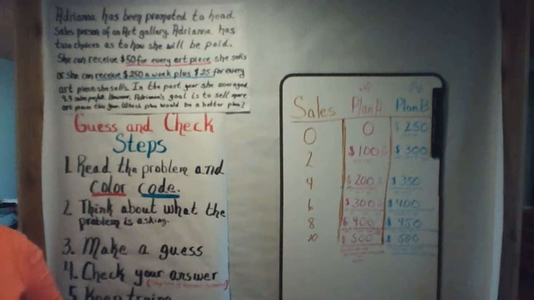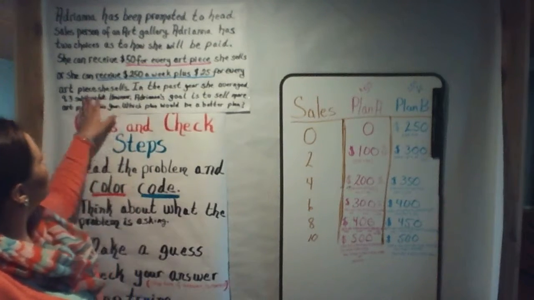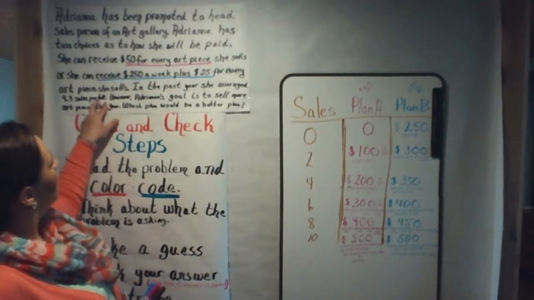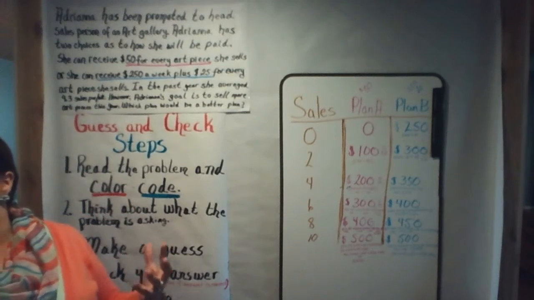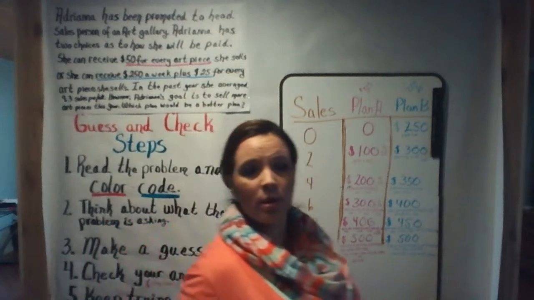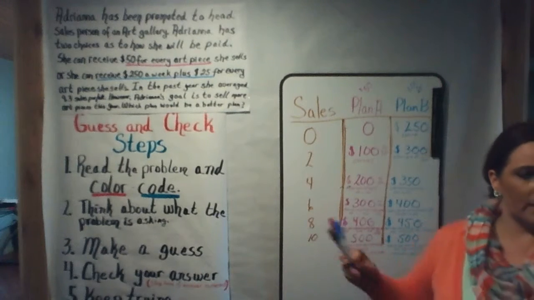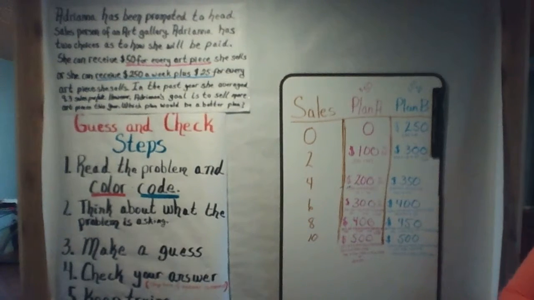Okay? Her average was 9.3 sales per week. So if Adriana thinks that she'll sell more than 10 pieces of art, then plan A would be better.